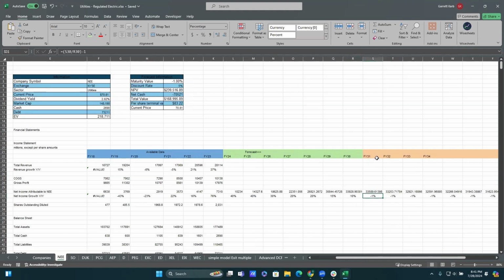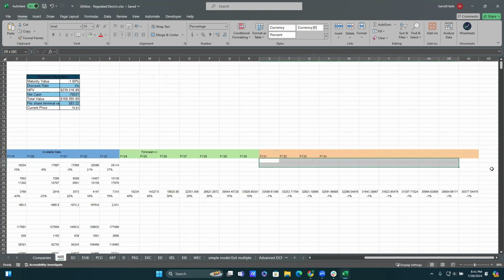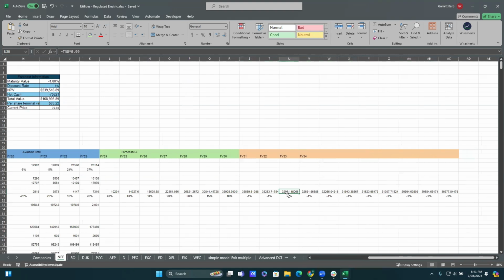And therefore we are going to provide that maturity value to it of -1%. Let's see how many years. 1, 2, 3, 4, 5, 6, 7. So I did it for, well, I need to strike this out. Up to fiscal year 41. And that's probably a good year to stop. Around fiscal year 41 to fiscal year 50 is a good time to stop your maturity.